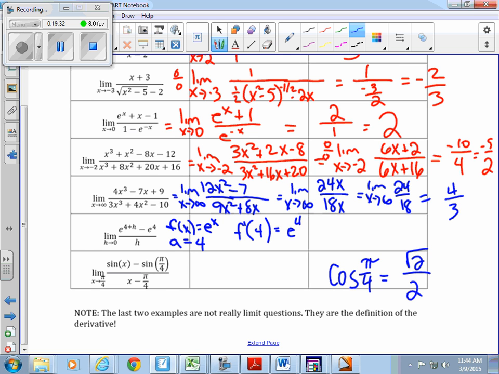If you did L'Hopital's, what's the derivative of sine of x? Cosine of x. What's the derivative of a constant? Isn't sine of pi over 4 just a constant? So I've got cosine over 1, plug in pi over 4, you get the same answer with L'Hopital's or with derivatives in disguise.